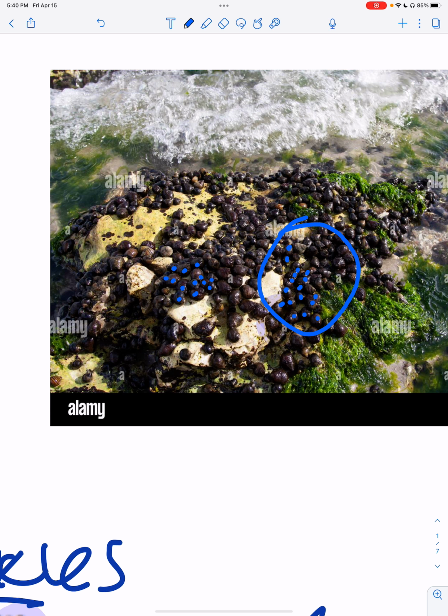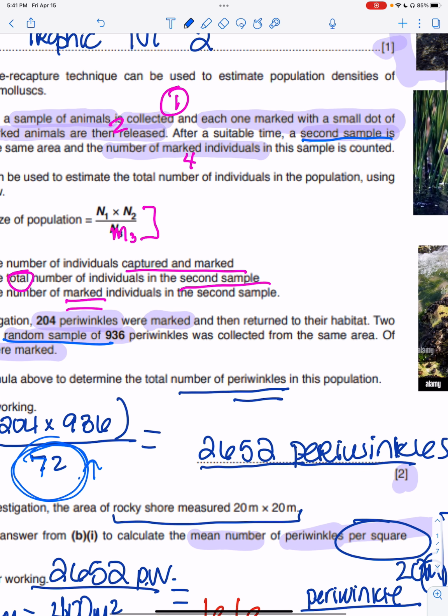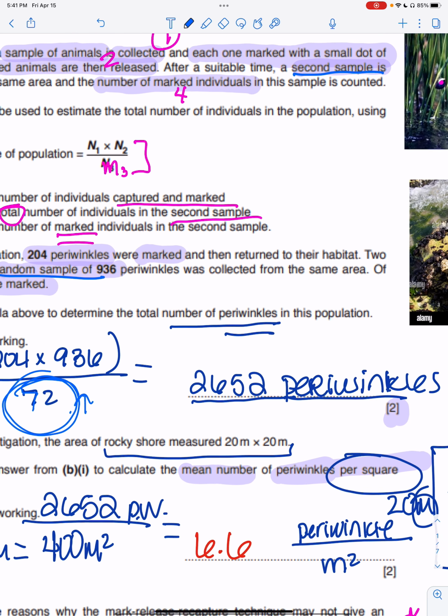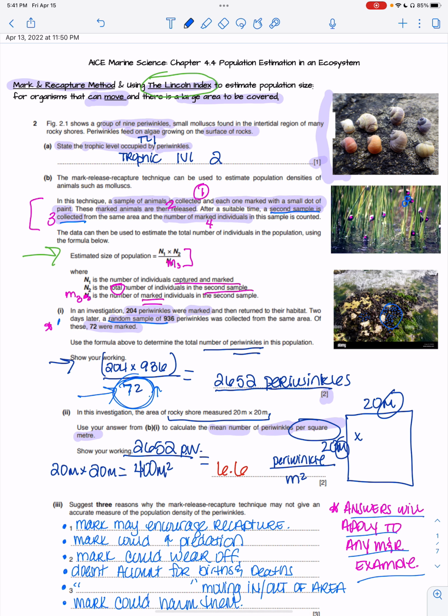And again, that's going to make it seem like we have way more marked than we actually did, because they really didn't get to move that far. They are slow moving, but we did not put them back in their original distribution. They were put back in a clump distribution. And if we get more than is accurate with that original mark, then the M3 is going to seem higher than it is, which will mean we're dividing by a bigger number than we actually need to, and this population is going to seem lower.